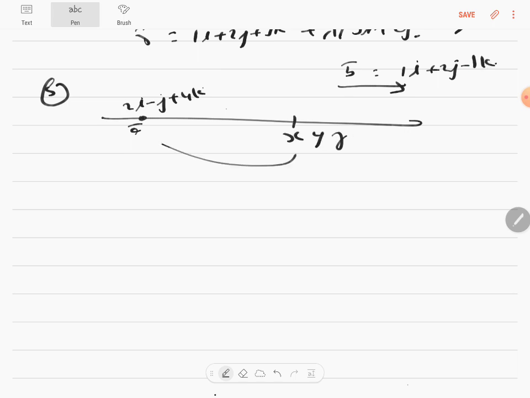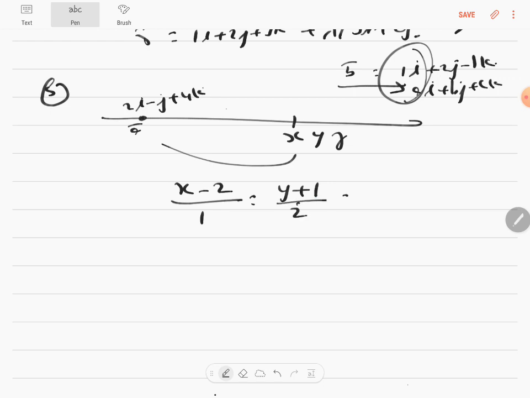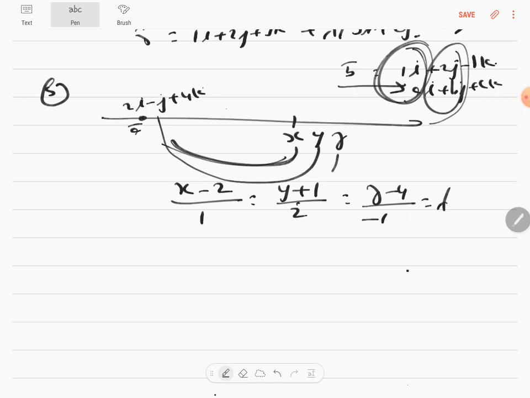It's x minus x1 by a, where this is your ai plus bj plus ck. So you understood: x minus x1 by a is equal to y minus y1 by b is equal to z minus z1 by c is equal to lambda.